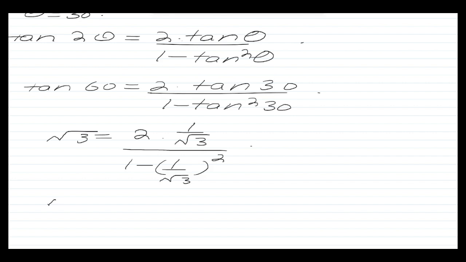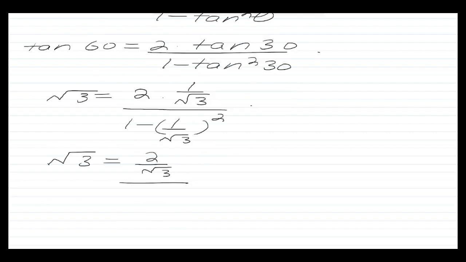So we will just write under root 3 is equal to 2 over under root 3 divided by what? 1 minus 1 over 3, because the square got cancelled with the root. So now we will make the denominator same. Here we have 1, so it will be multiplied by 3 by 3.